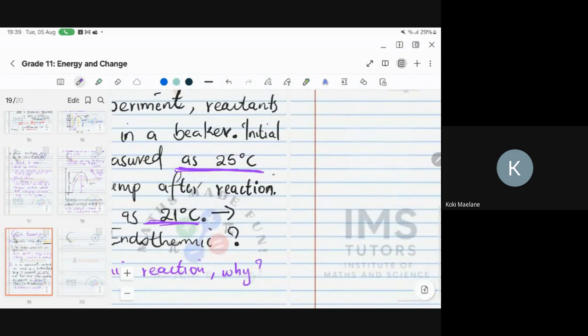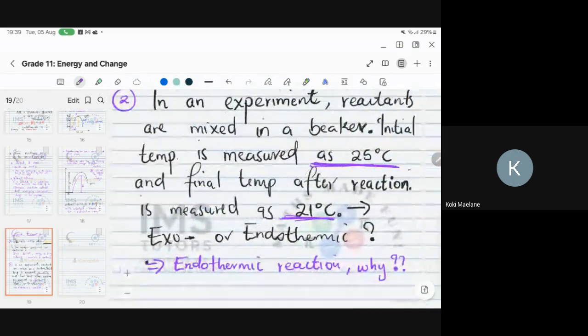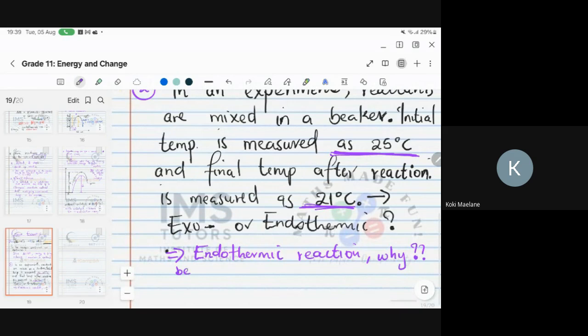Why? Let me write it for you, because this one can be a bit tricky for some people. But remember, the rule of thumb is if I'm in a surrounding and I witness that my temperature is rising, it means whatever reaction is occurring is exothermic, because it's releasing its heat to me and I can measure it rising.